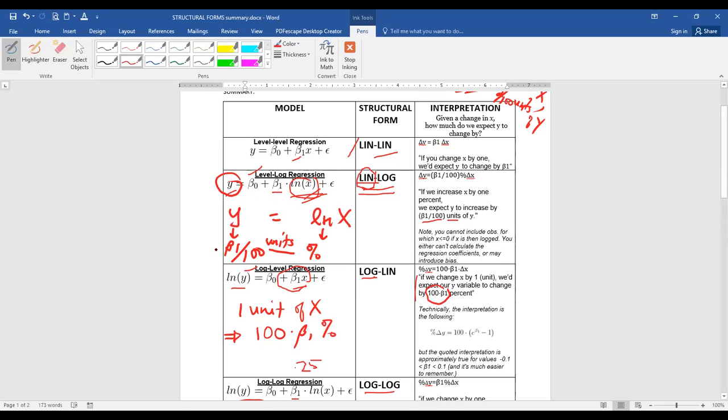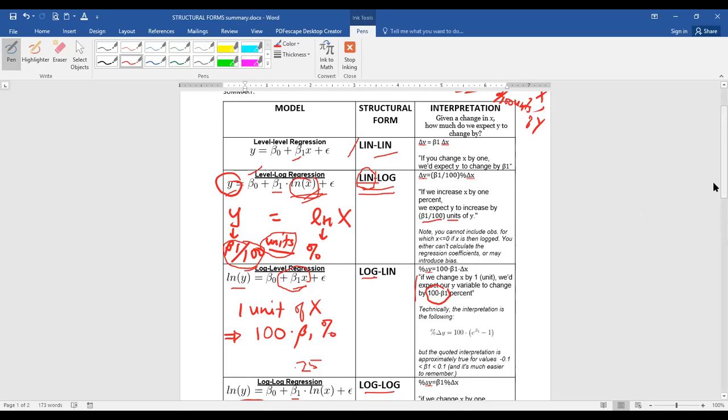Pwede nyo naman i-carry out muna tong division na to, tapos pwede nyo lagyan ng percent. You get me, guys? Kunyari, yung beta 1 is 2. So you can read it as 2/100 units or 2% units. Pero may units pa rin siya.